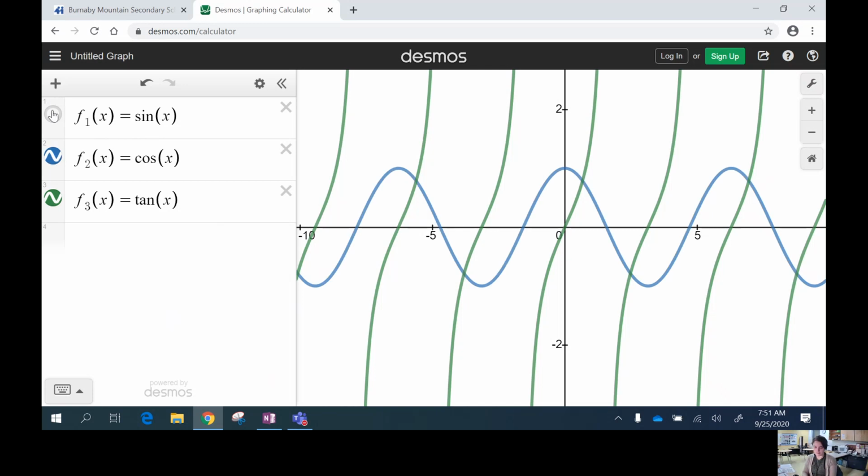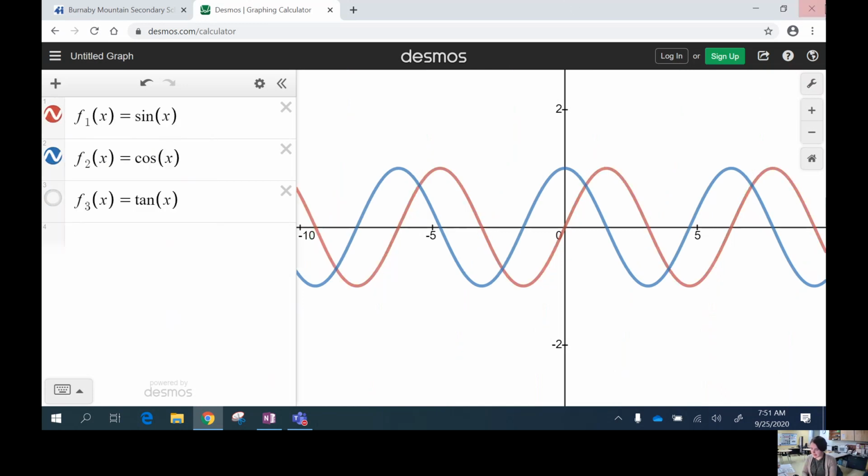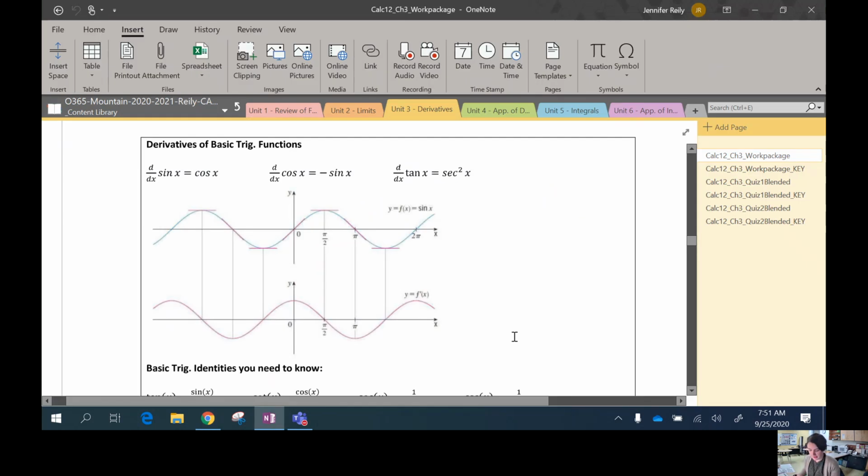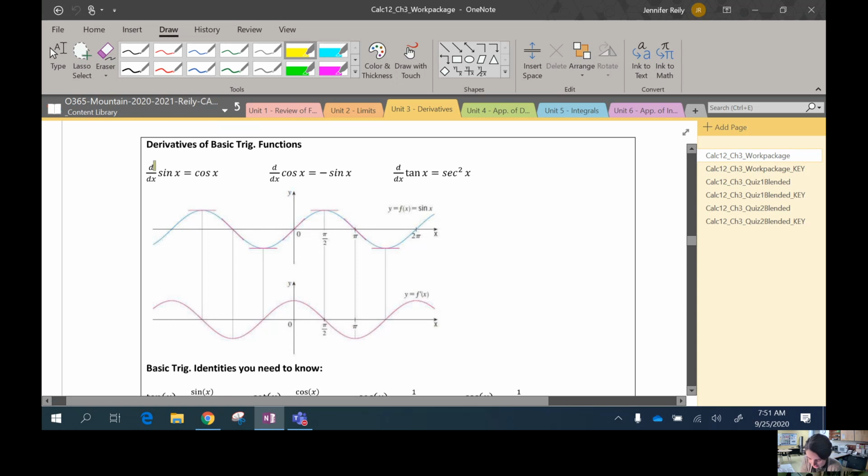Okay, the cool thing about their derivatives is that sine x and cos x are actually really closely related. So these three things you have to know. The derivative of sine x is actually cos x. And the derivative of cos x is negative sine x.